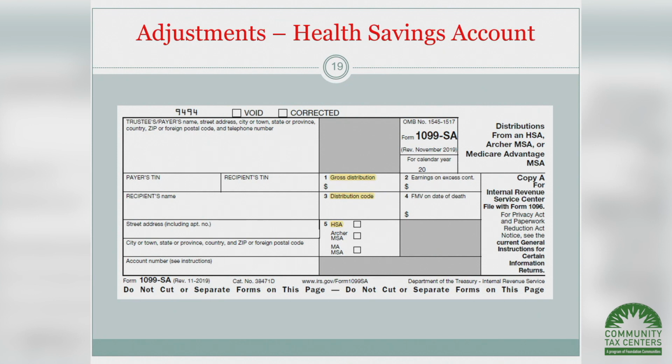Okay? And what are considered qualified expenses? It's generally doctor visits, prescriptions, and now it includes over-the-counter medicine. It also can include menstrual care products. Okay. Any questions?